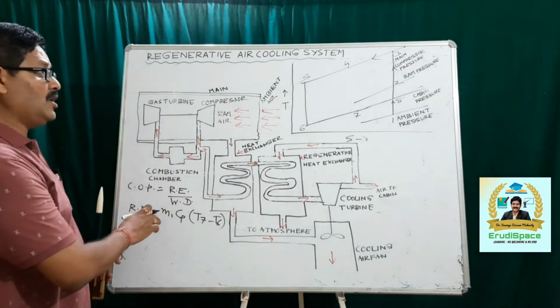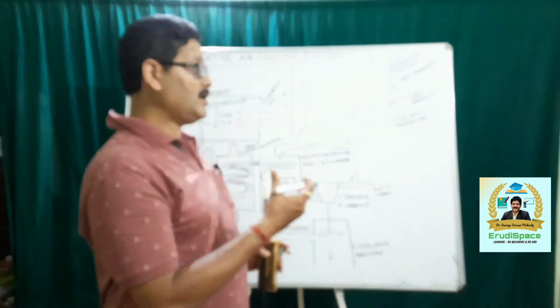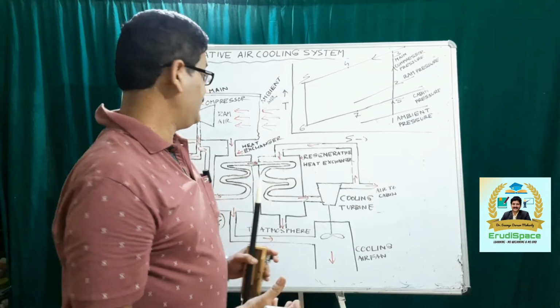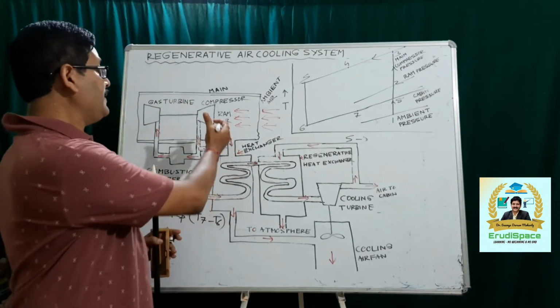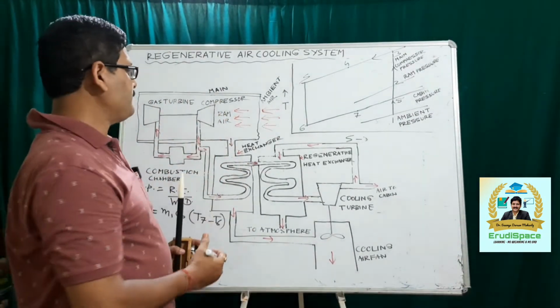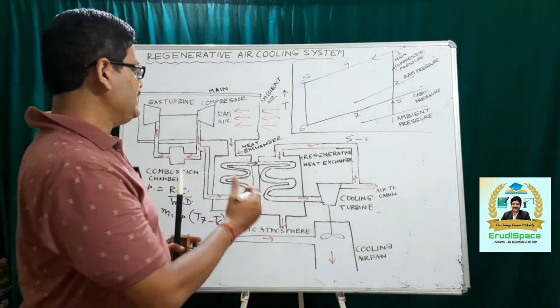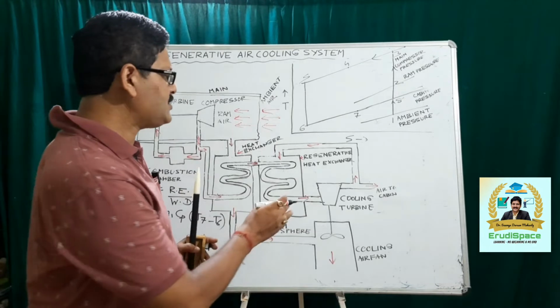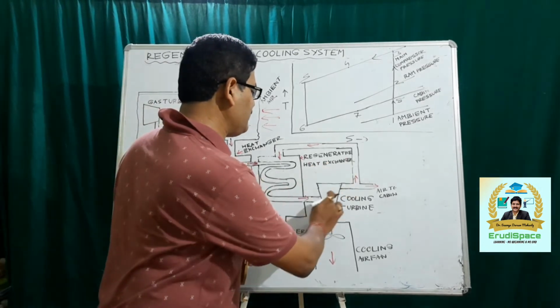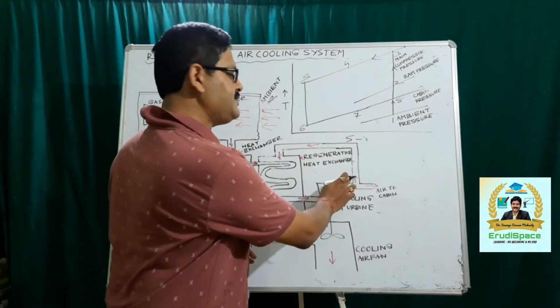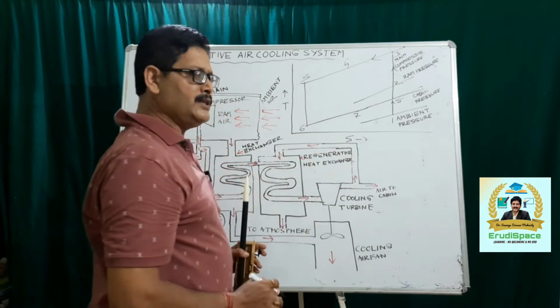But this is not the air that is bled from the compressor, because the air that is bled from the compressor will be different, that will be higher, because part of the air coming from the cooling turbine is used in the heat exchanger.